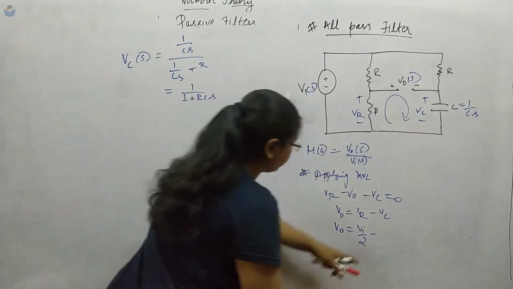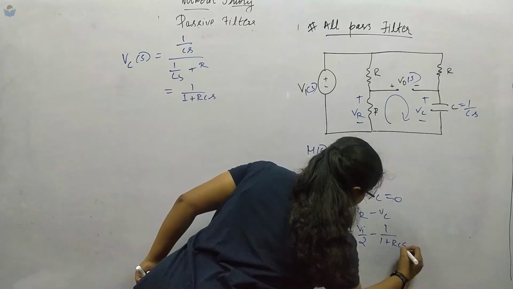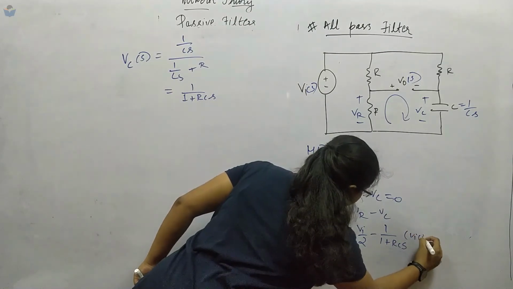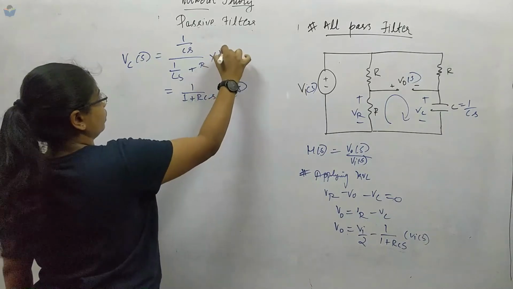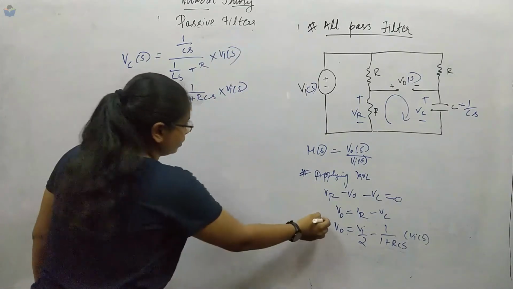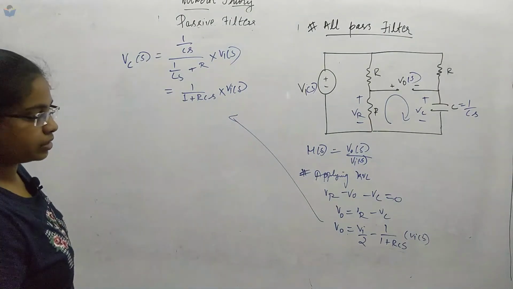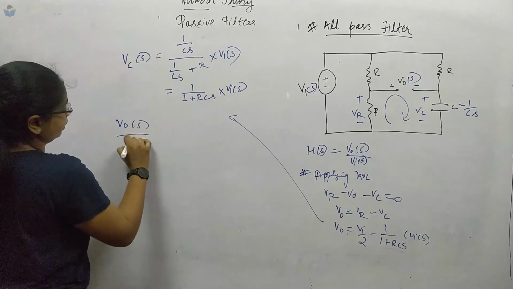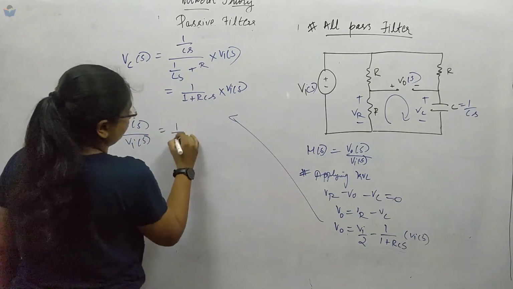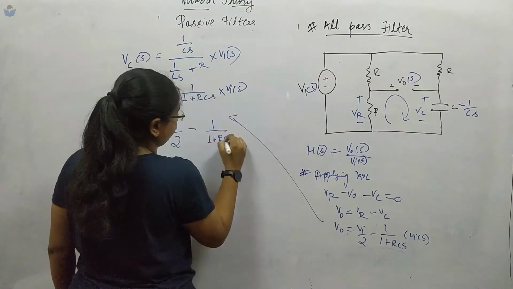Substitute that over here: 1 by 1 plus RCs times Vi of S. Here it is multiplied with Vi of S. It's the voltage division rule. Now this equation I will write over here. Vi of S is common, I will take it out. V0 of S by Vi of S is 1 by 2 minus 1 upon 1 plus RCs.